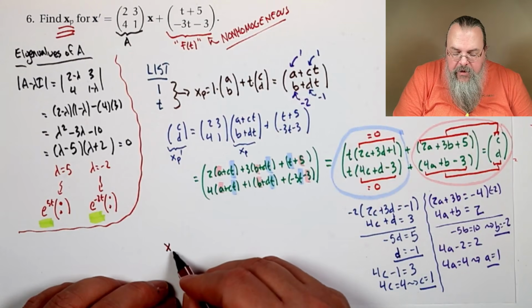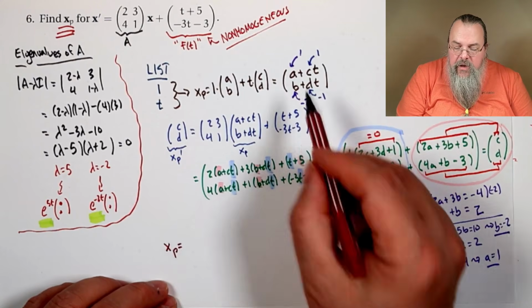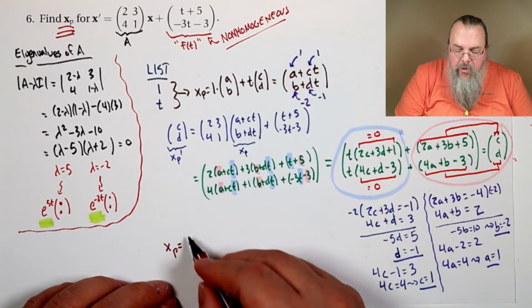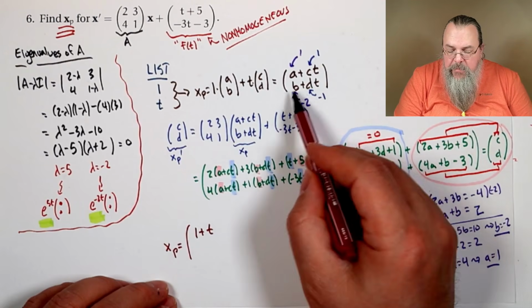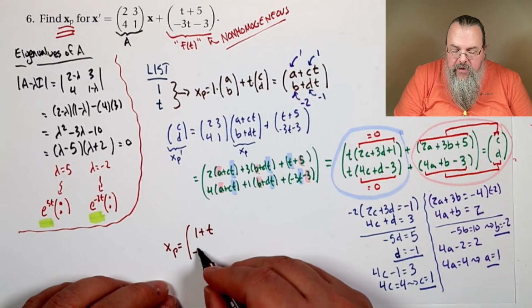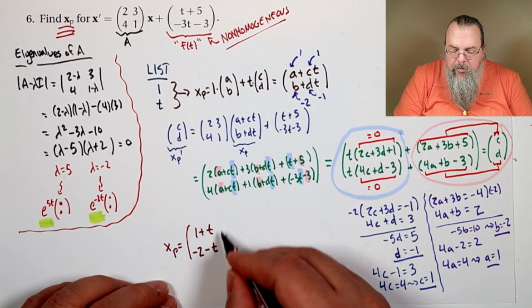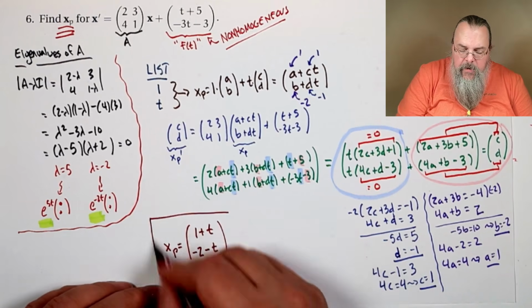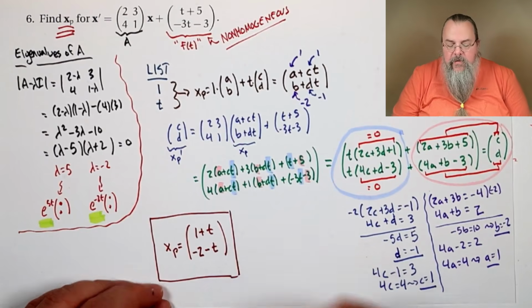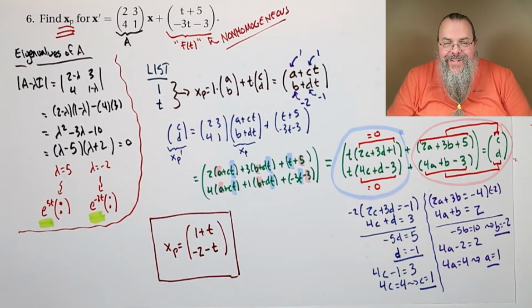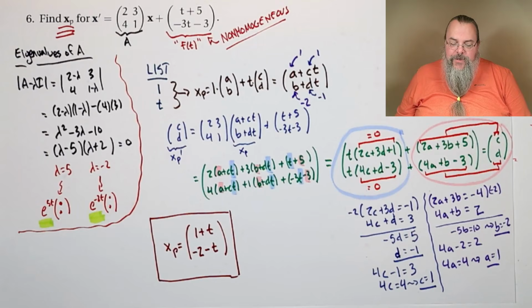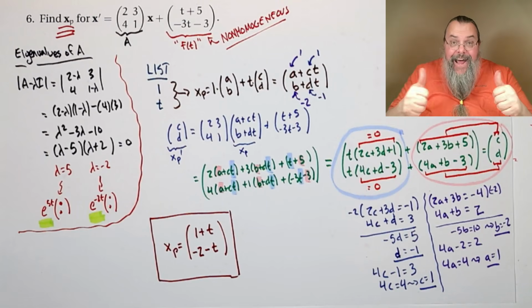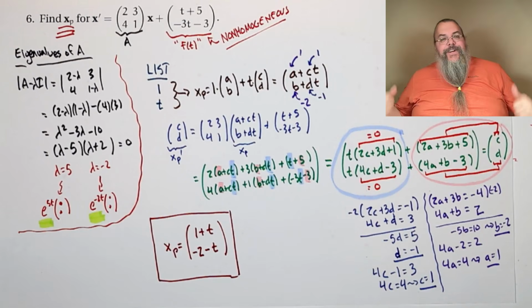So we get that our answer is a plus ct becomes 1 plus t, and then b plus dt becomes minus 2 minus t. And that is our particular solution. So this satisfies the original differential equation. Nice! Woohoo!